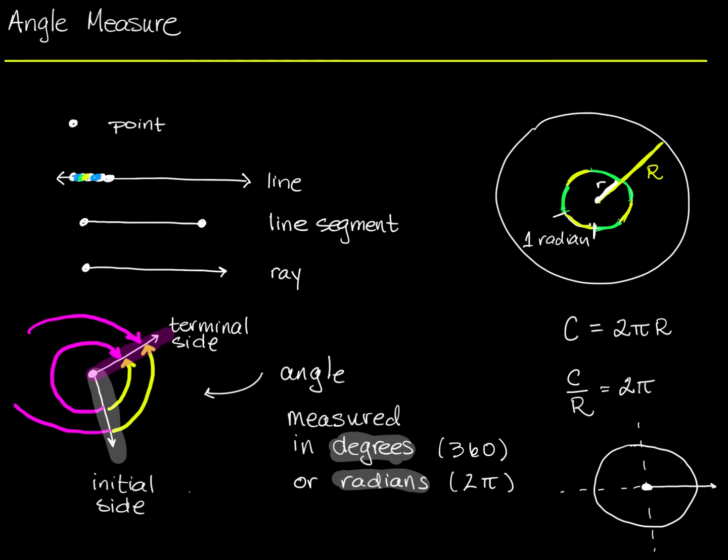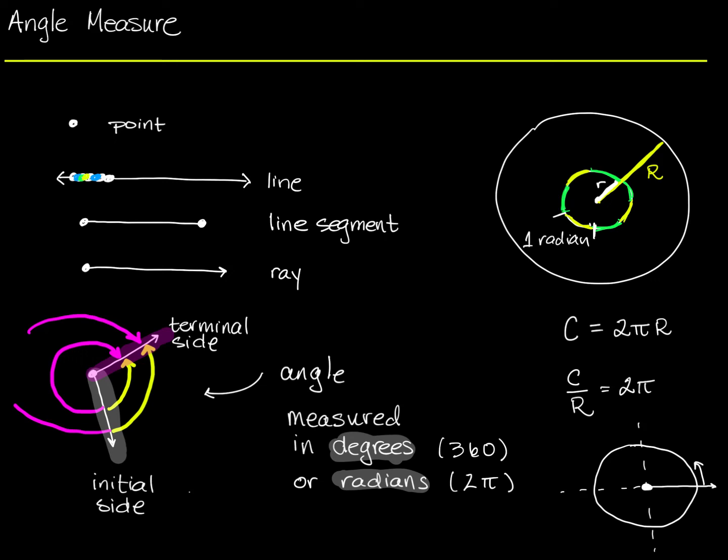And if I say 0 degrees or 0 radians, what I mean is starting with the initial side of the angle, or the initial ray, lying along the positive x-axis. It's also conventional or standard to think about traveling in the counterclockwise direction. So I'm going to go in this direction.